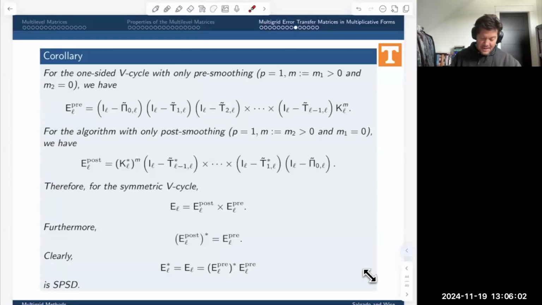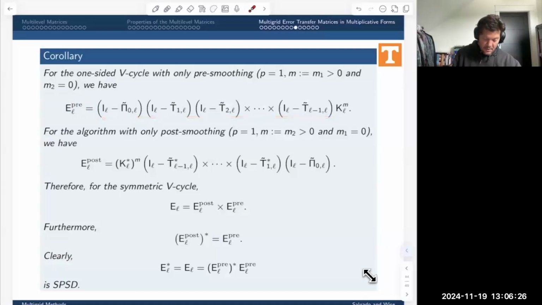Then it's fairly easy to see, just by the considerations in the last proof, that the error transfer matrix for that case consists of only this portion of that decomposition. What's missing is the left-hand part. All you have is the right-hand part.